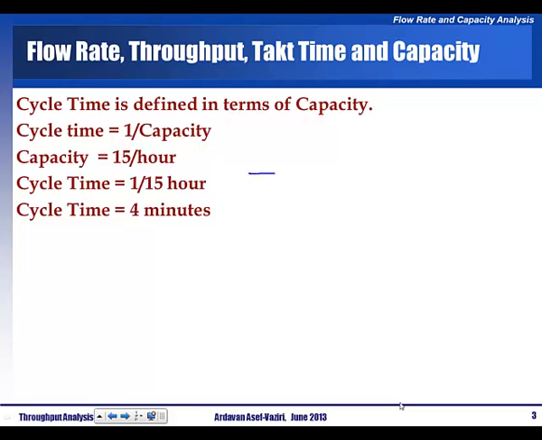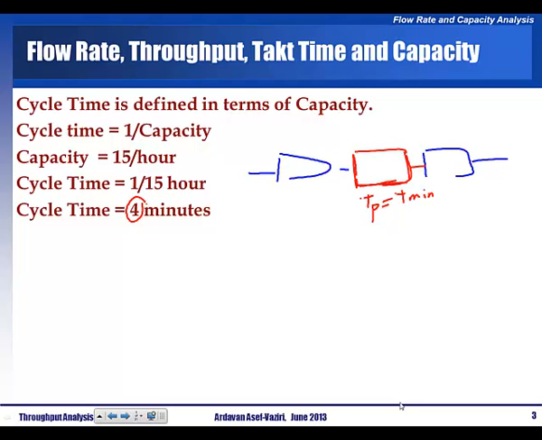If I do have 3 resources like this, and if this one is bottleneck resource, when cycle time is 4, that means time of this process is 4 minutes. This is the bottleneck process.